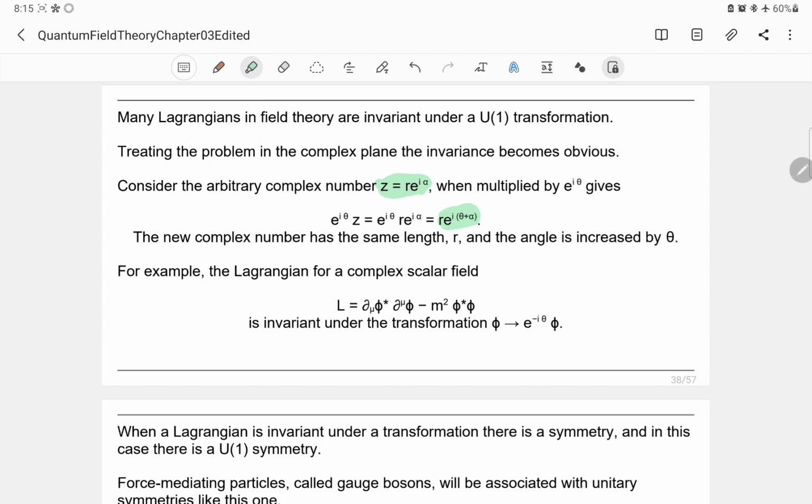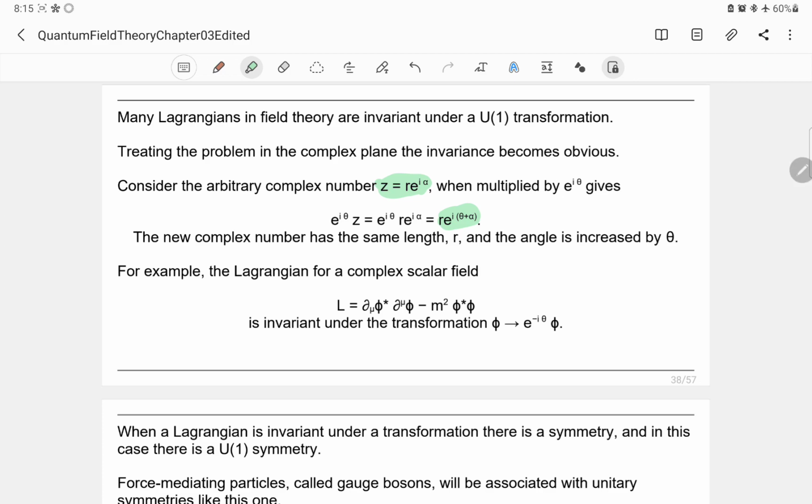You still have the same length, but your alpha is increased. So this just means that something is just rotated with the same length r. However, the angle is now changed, and in this case you have an increase in angle by theta.